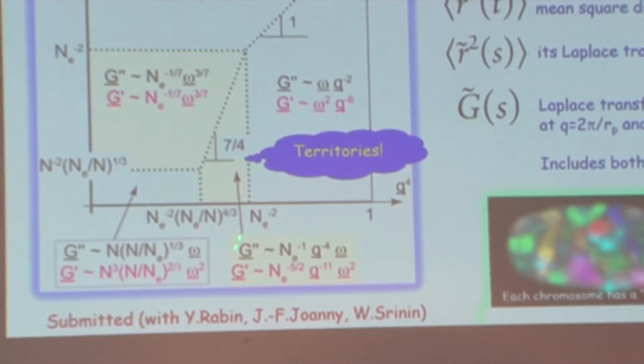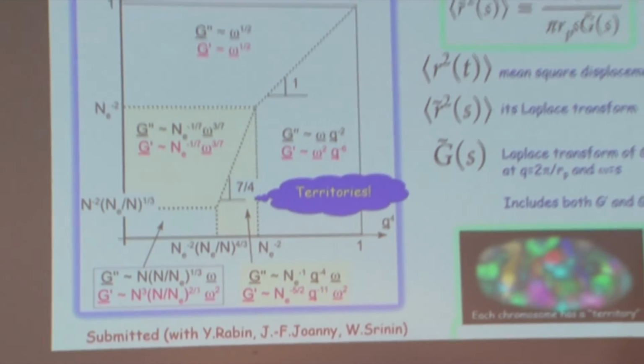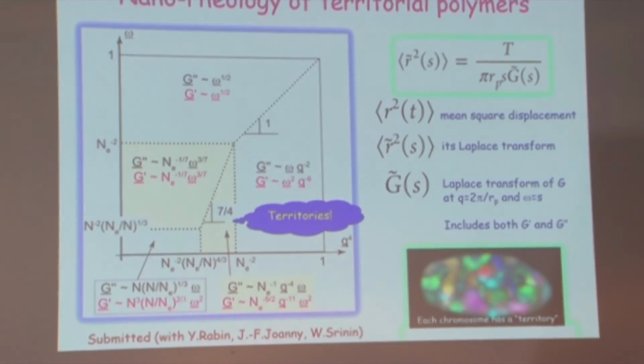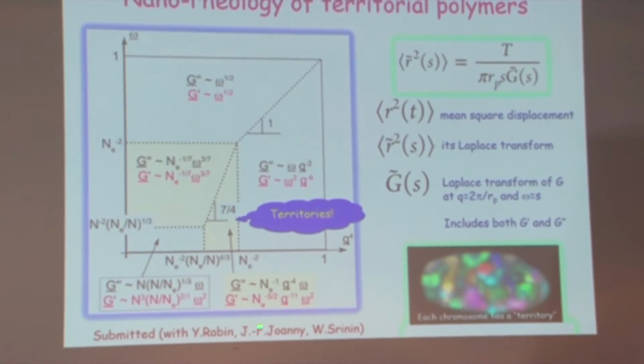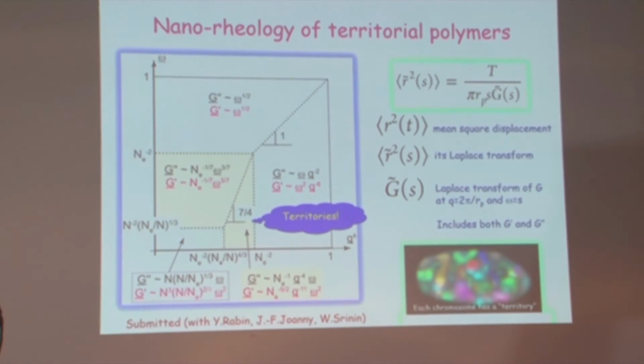Here, in this region, you are looking at a scale much larger than the territory. So this is a new interesting region, and here are the results of the theoretical study of these two, real and imaginary parts of your generalized modulus.